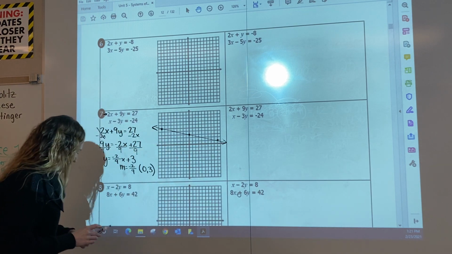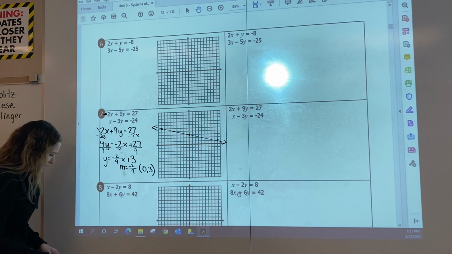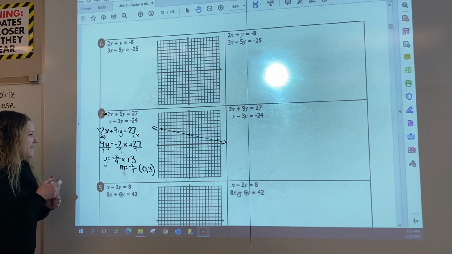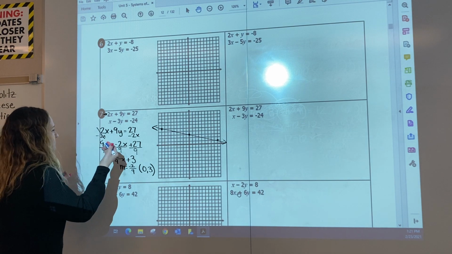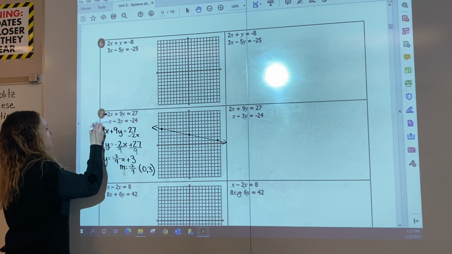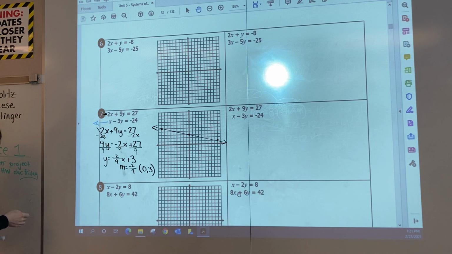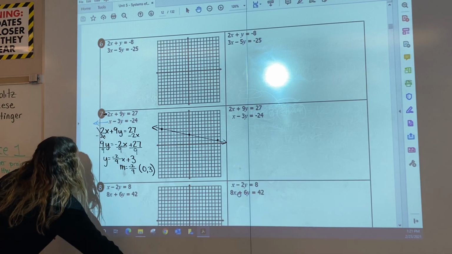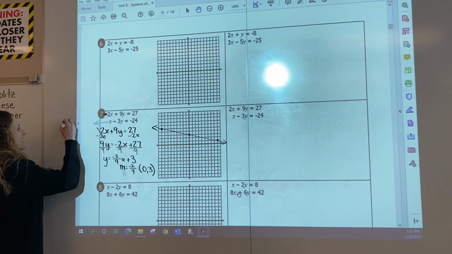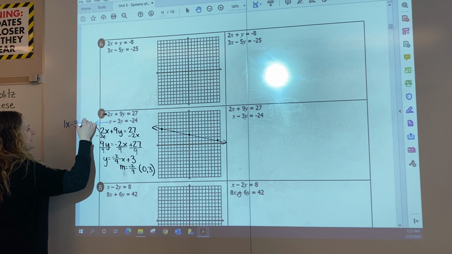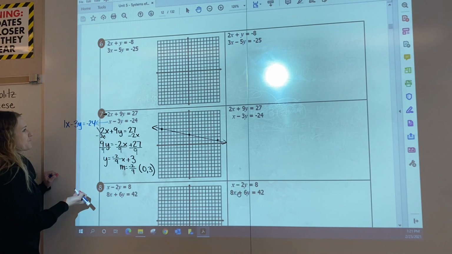Alrighty, so far so good. What about our second line? Right here, I'm going to solve this one over here, to the left. So we have 1x minus 3y equals negative 24.